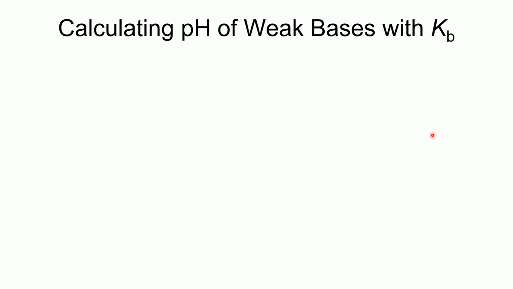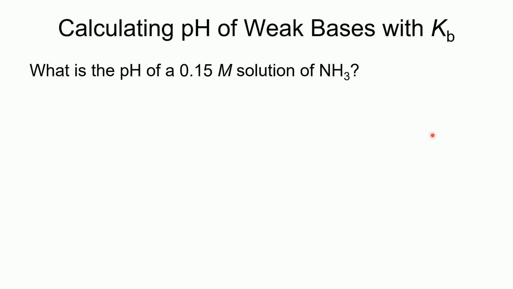Now, just like with the acids, we can do calculations with weak bases as well. We can calculate the pH of a weak base using Kb and the concentration. We're going to do one. This one is done in the book, but I like to do it on the overhead just to show you what it looks like. So we want to calculate the pH of a 0.15 molar solution of ammonia.